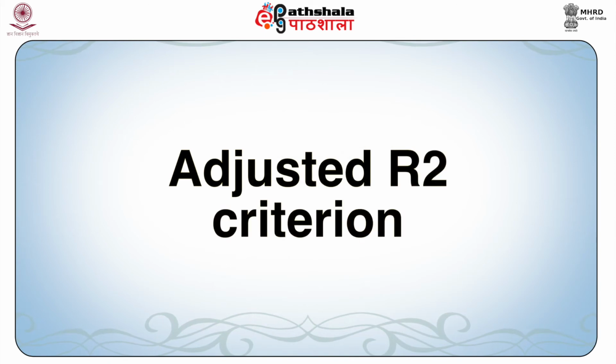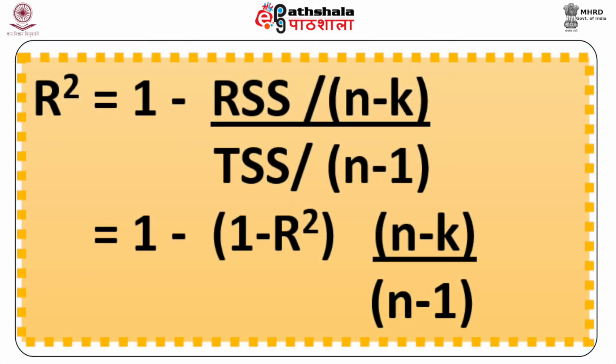Adjusted R-square criterion. Although the R-square criterion does not impose any penalty for adding more variables, the adjusted R-square does so. It is defined as adjusted R-square, R bar square, equal to 1 minus residual sum of squares divided by n minus k, divided by total sum of squares divided by n minus 1, which is 1 minus (1 minus R-square) into (n minus 1) divided by (n minus k).